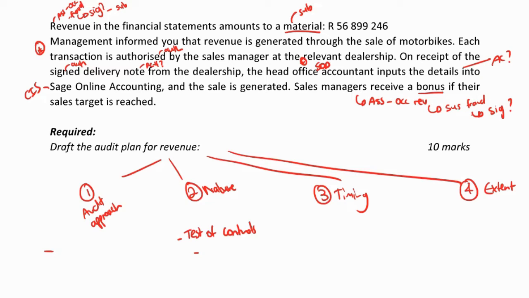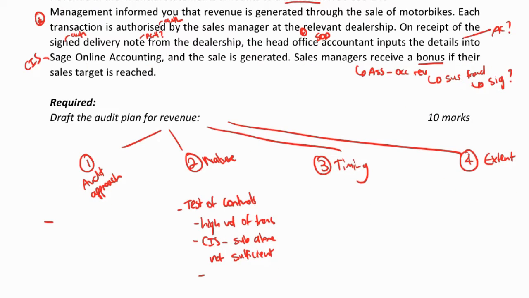Well, it's revenue, so there'll be a high volume of transactions. Why else? There's a computer information system. So, substantive alone may not be sufficient. What else? It appears to be a significant risk.